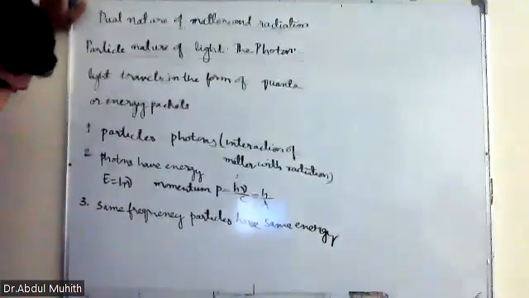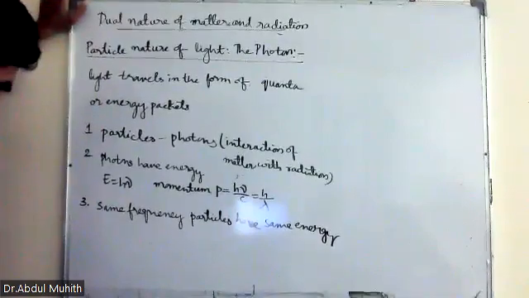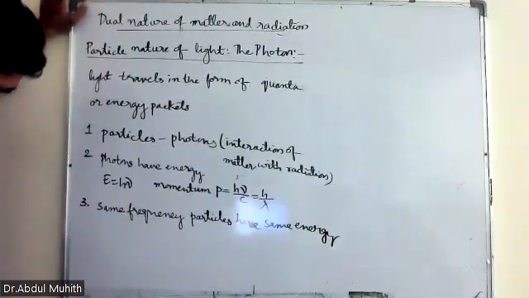By increasing the intensity of light of a given wavelength, there is only an increase in the number of photons.